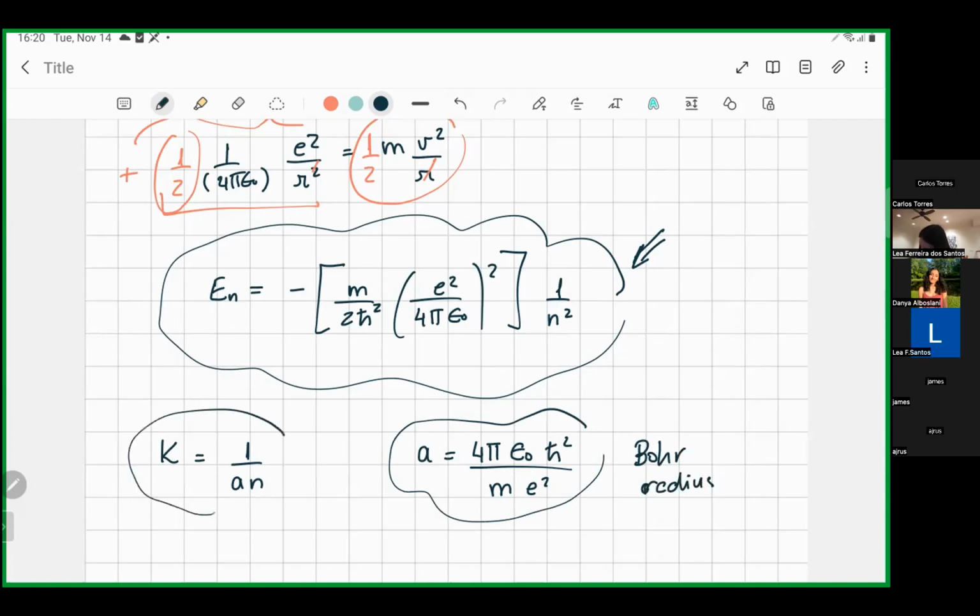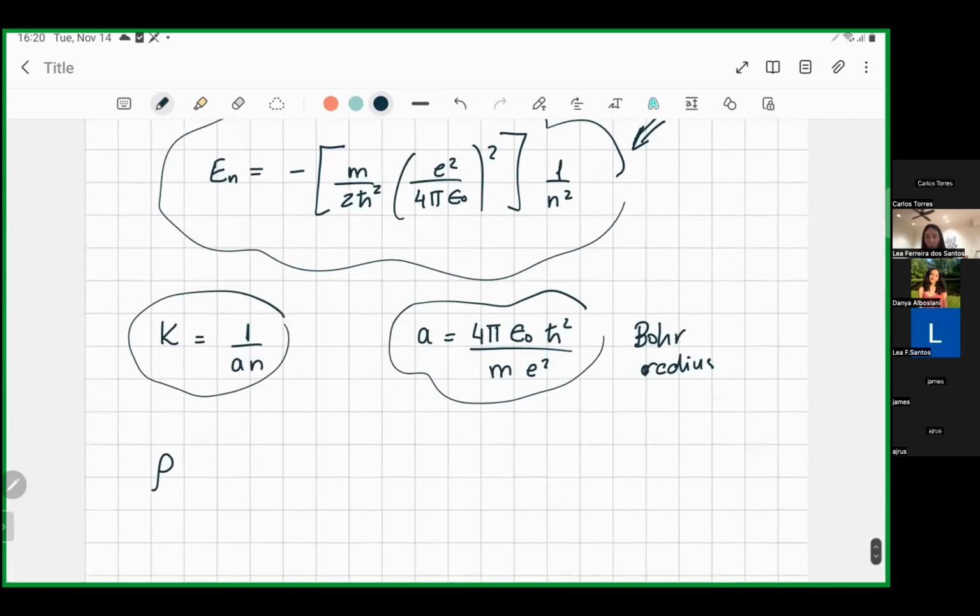Remember the rho. We wrote the solution in terms of this rho, which is kappa r. Now that we have the Bohr radius, we can write this rho as r, the real variable, divided by Bohr radius times n. This is going to be useful for what we are going to be doing now.